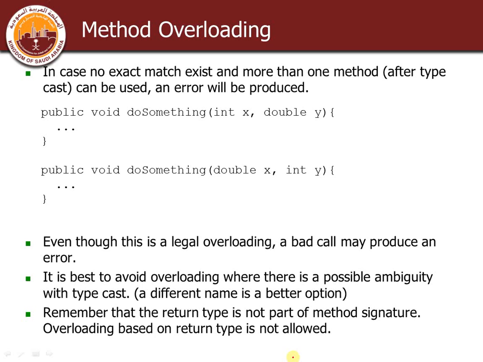Values are arguments, and the variables are called parameters because these are special variables that allow us to send some values inside of the method to work with them. We have two types of methods: methods that return something, and methods that return nothing. If we return something, we should have the return keyword, and we should also return the same data type.